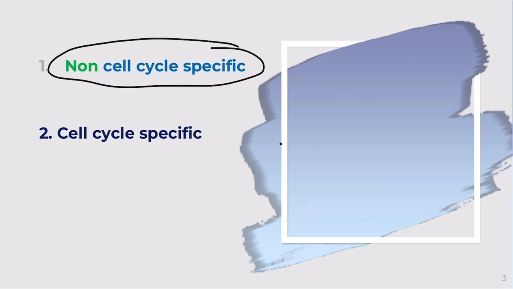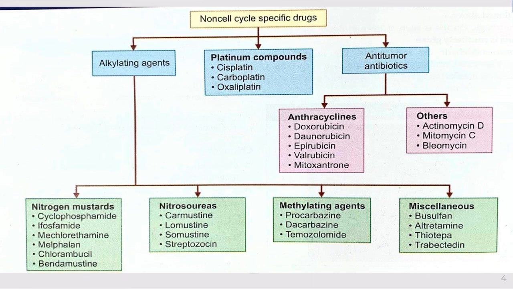This is very important. I will discuss only important drugs, indications and side effects. So classification is very important. There are many drugs and I will tell you which drugs you have to remember for your second prof MBBS exam. So the first classification is non-cell cycle specific drugs.